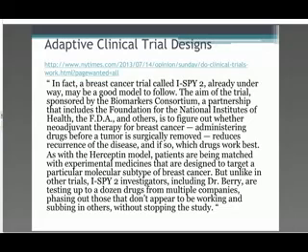Just to read to the bottom of this: as with the Herceptin model, patients are being matched with experimental medicines that are designed to target a particular molecular subtype of breast cancer. But unlike in other trials, I-SPY 2 investigators are testing up to a dozen drugs from multiple companies, phasing out those that don't appear to be working and subbing in others without stopping the study.